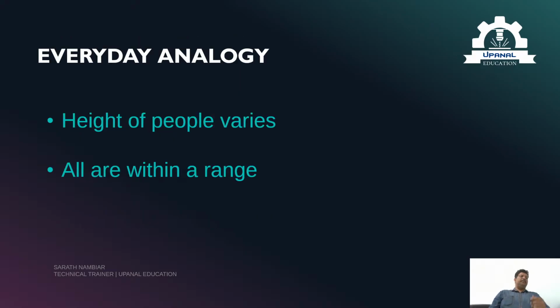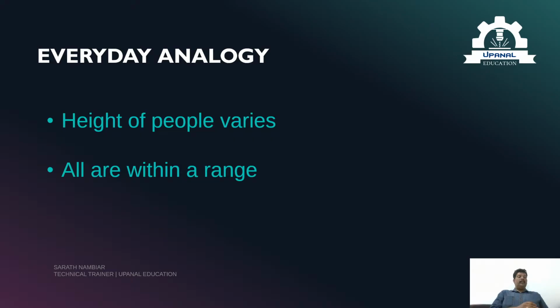Now, let's take a simple real life analogy. Imagine a classroom of students. Let's say the average height is 170 cm. But not everyone will be exactly 170 cm, right? Some may be 168, some may be 172, some may be 169.